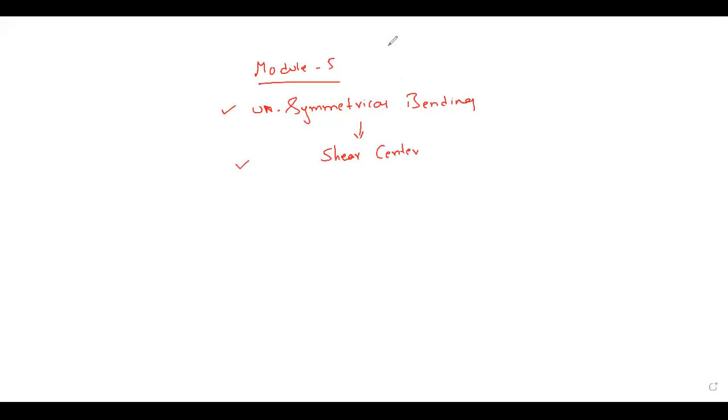Before going into this module, let's first discuss what we mean by a beam, how a beam bends, and how different unsymmetrical bending is going to be. Let us take the beam which we have already studied in your strength of materials 1, which has a longitudinal axis and a cross section like this.